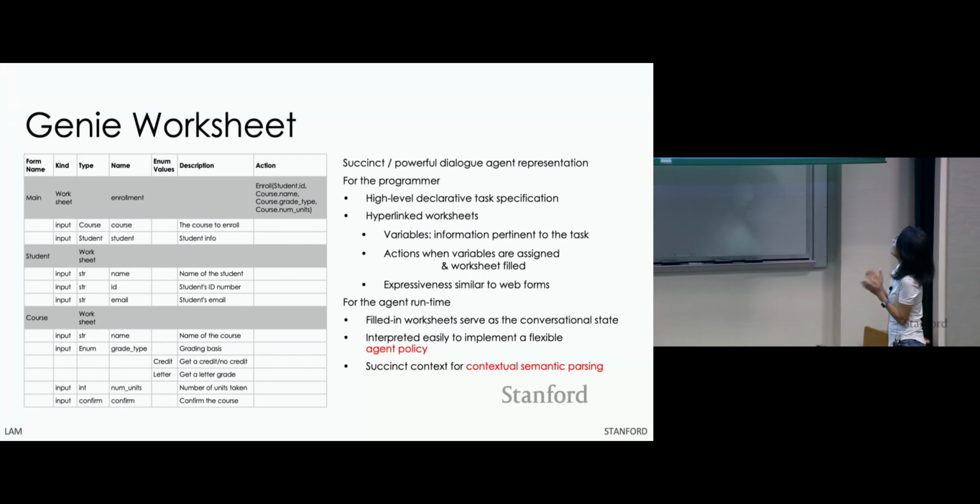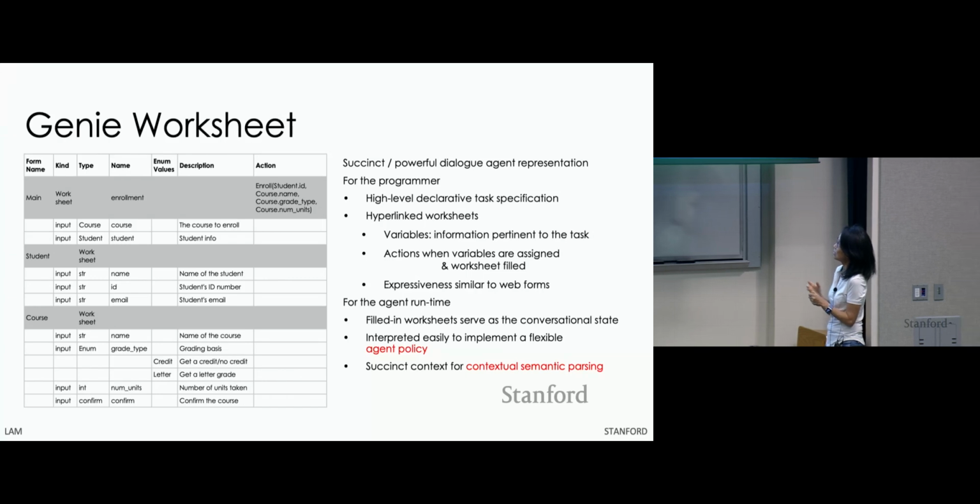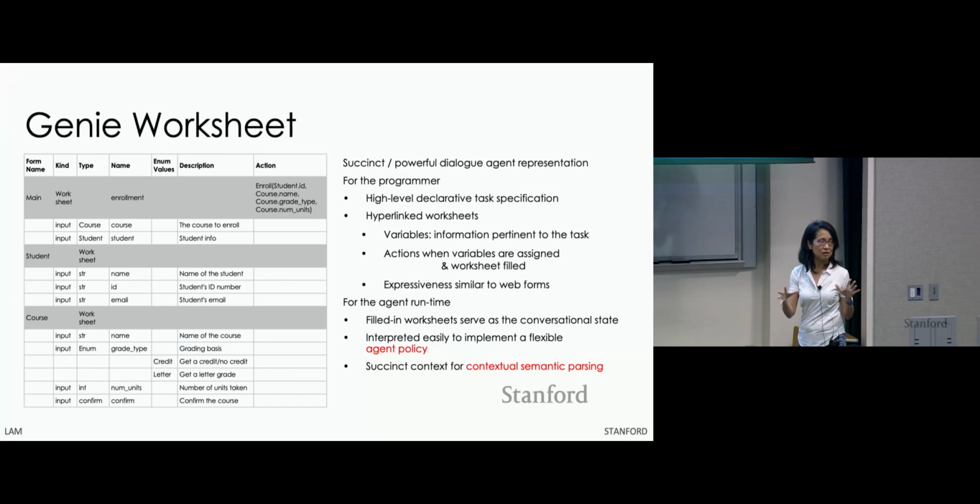And the key idea here is that we have to have a representation that is good for the programmer and good for the implementation. And I actually believe that the design is such that anything I ask the developer to do when they describe a task is necessary.